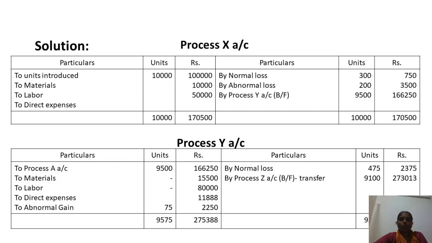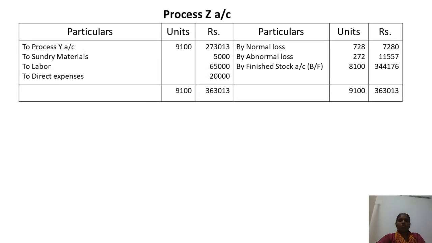We get one amount. That amount should be multiplied by the abnormal gain, that is 75 units. We get 2,250.